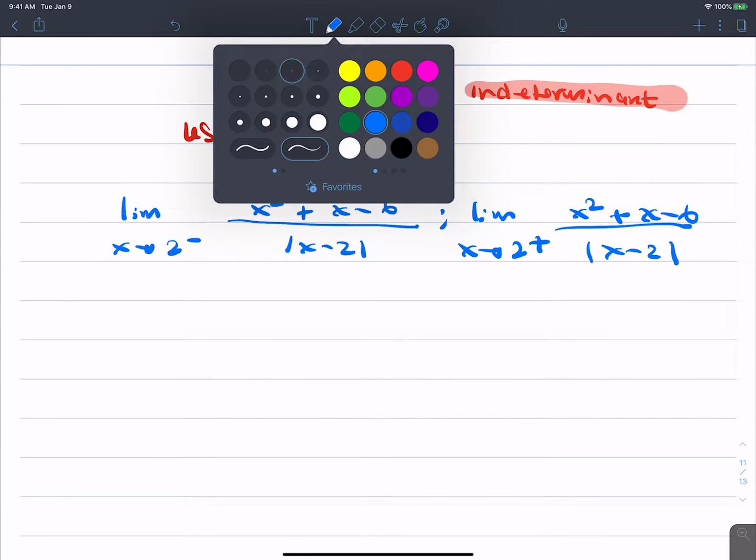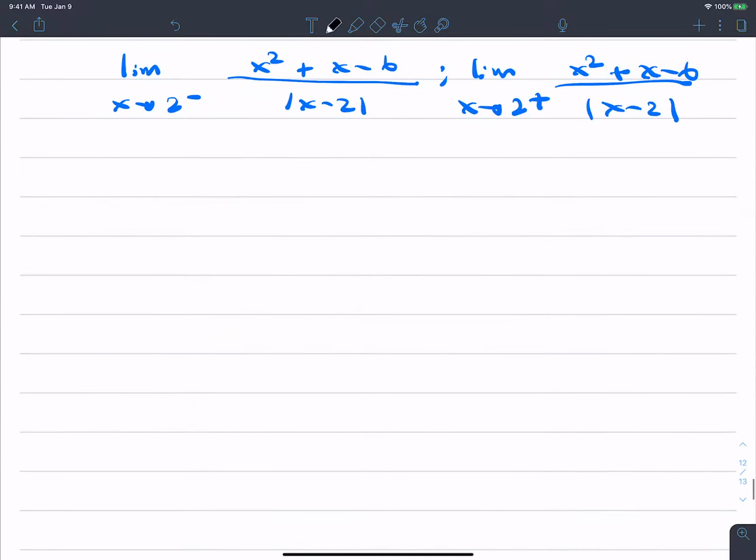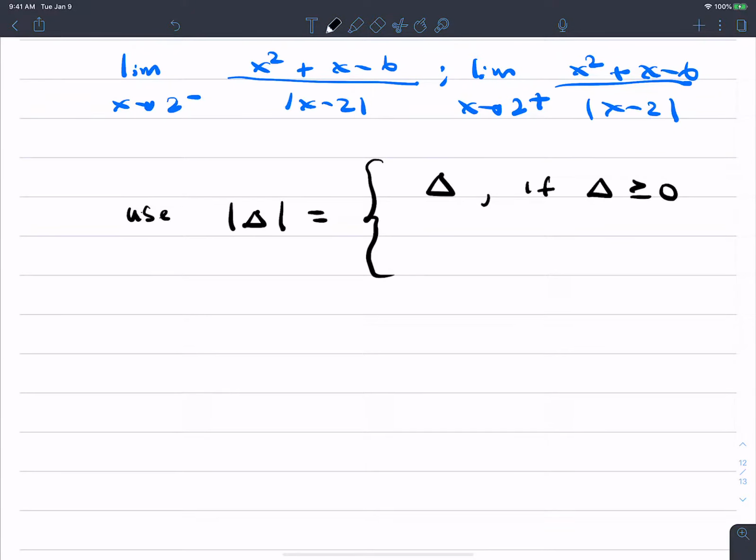And here's what I want to use. If you ever have the absolute value of anything, here's the generalization of the piecewise function. Whatever is between the absolute value signs, we use that if what's inside is greater than or equal to 0. We use the opposite of that if what's inside is less than 0.